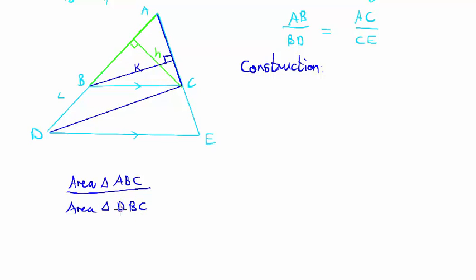Now notice why. In triangle DBC, I'm going to make DB my base. So I'm making the base AB for the top, and I'm making my base DB for the bottom.